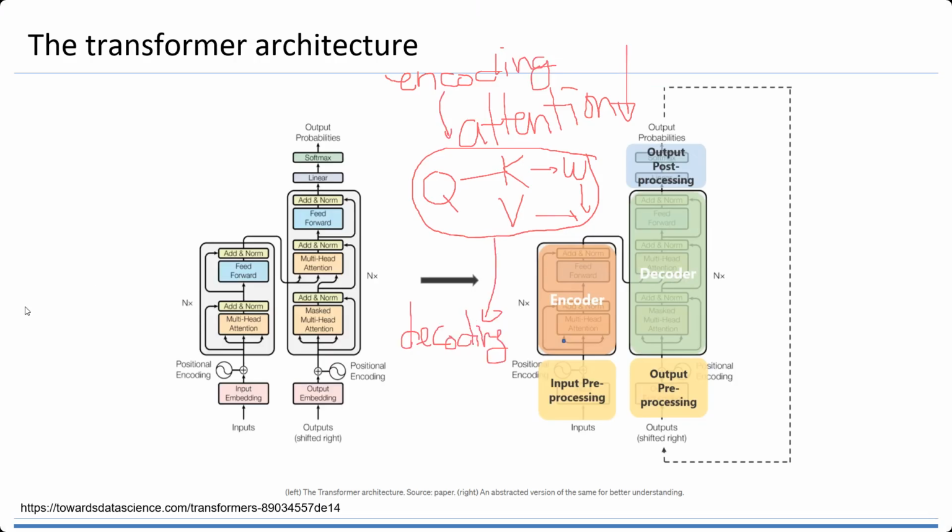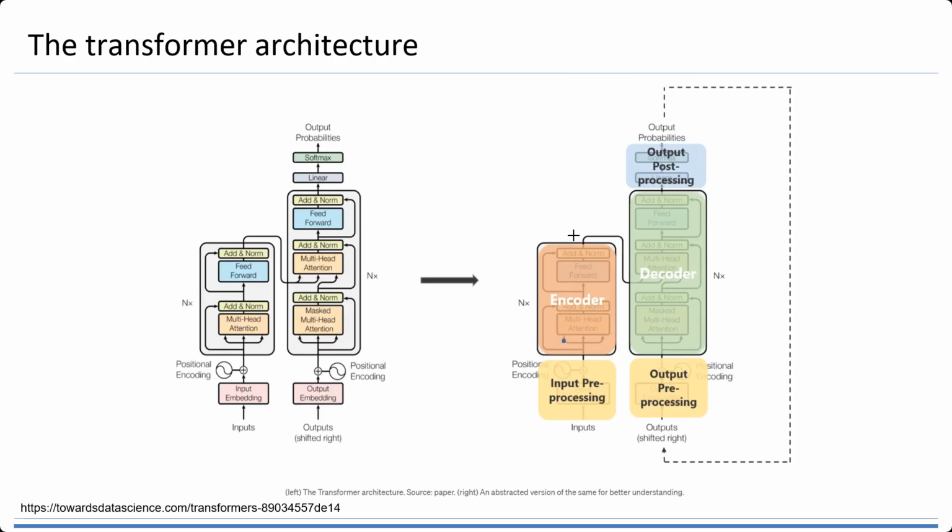So we call this the sequence to sequence. So the attention mechanism happens in the middle. And for all the architecture, they will perform this: encoder and decoder.